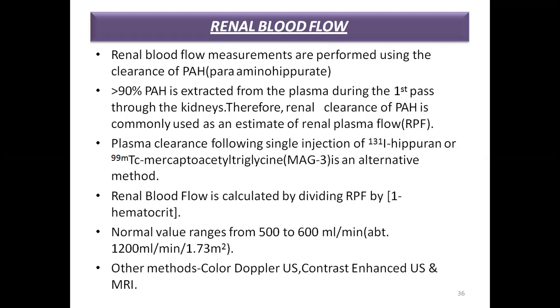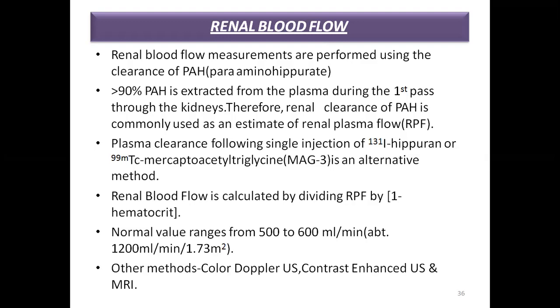Renal blood flow is calculated by dividing the value that we get from renal plasma flow by 1 minus the hematocrit value. So RPF divided by 1 minus whatever value of hematocrit we have.